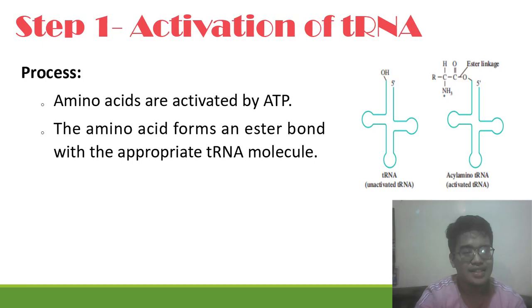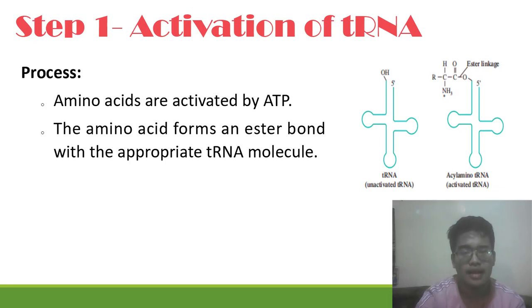Now let's talk about the first step of the translation process, which is the activation of tRNA. There are two steps involved in tRNA activation. First, an amino acid interacts with an activator molecule, or ATP, to form a highly energetic complex.